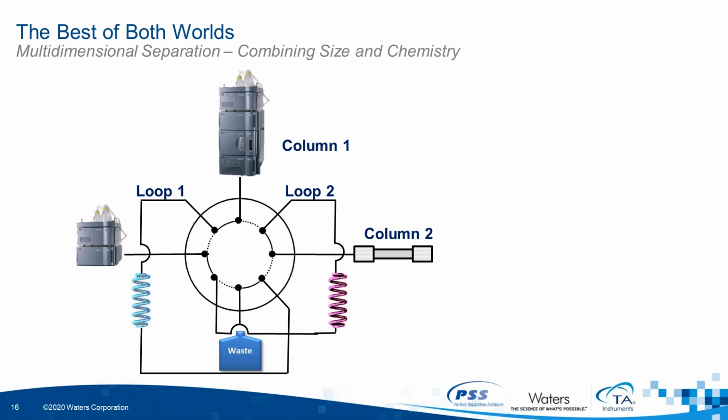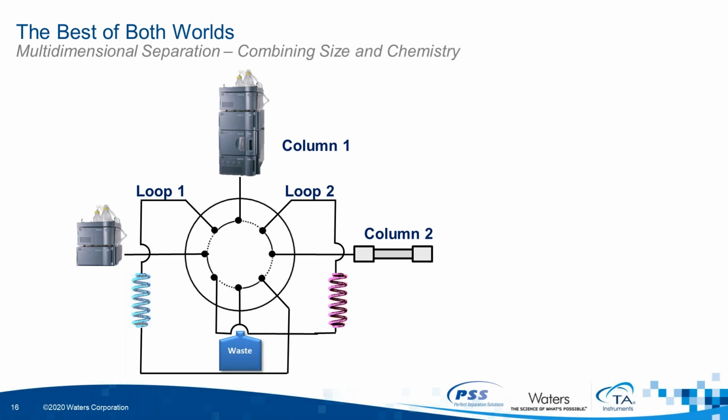Furthermore, it's expected that the resolution from the first dimension is maintained. Theoretical considerations show that around 2 to 4 cuts per peak are necessary to fill this. So this means that for the sample analyzed on the first column here, for these samples, we need to collect and inject fractions, or a lot of different fractions, onto the second column.